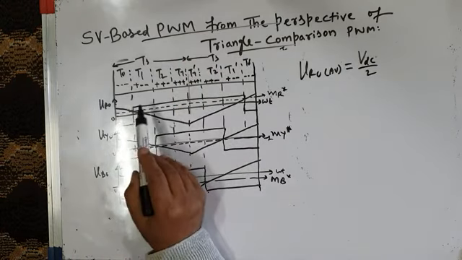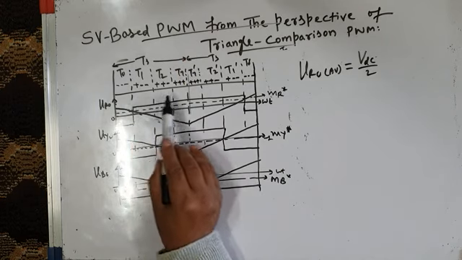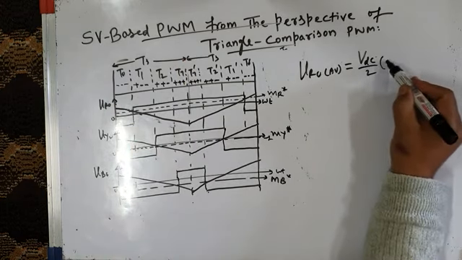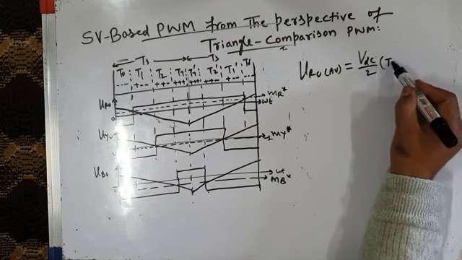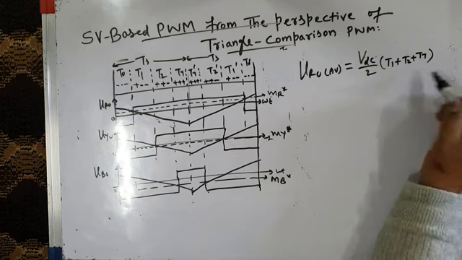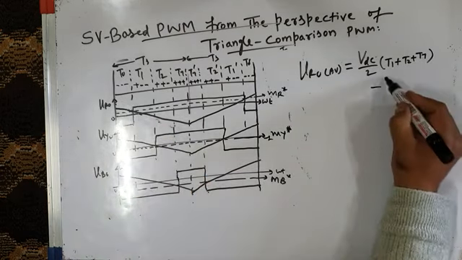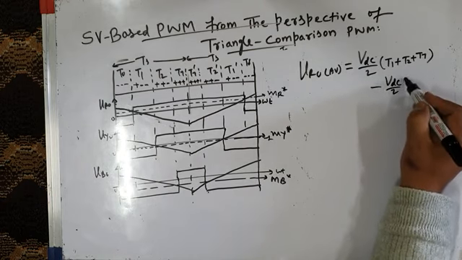In this subcycle, it is plus VDC by 2 for time interval T1 plus T2 plus T7. So I will write plus VDC by 2 in T1 plus T2 plus T7, right? And it is minus VDC by 2 in one time interval, that is T0. It is minus VDC by 2 into T0.